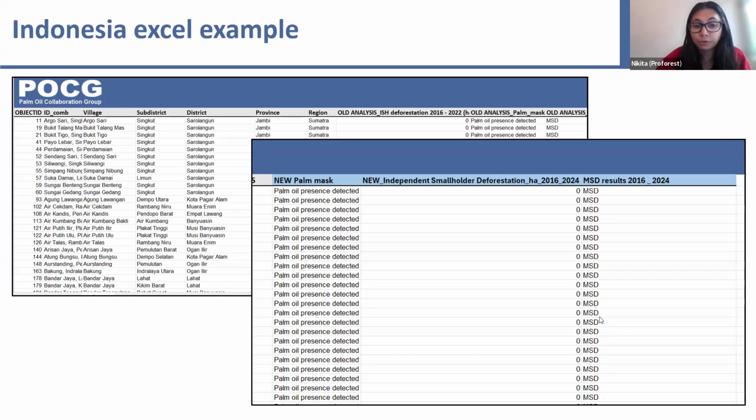For your IRF reporting, you can look at this final column, which has the MSD results for 2016 to 2024, which does the classification of MSD versus non-MSD. And for more detailed information on the deforestation hectarage for those villages, that information is also available in case you are interested.